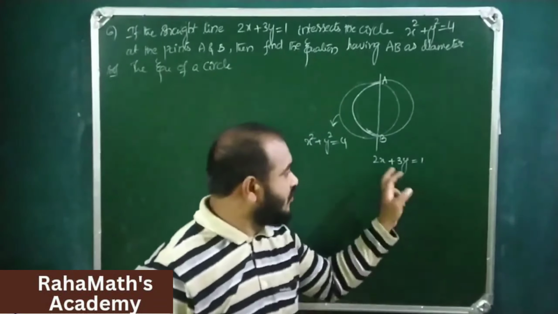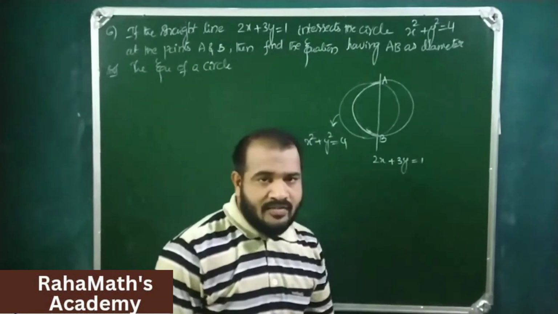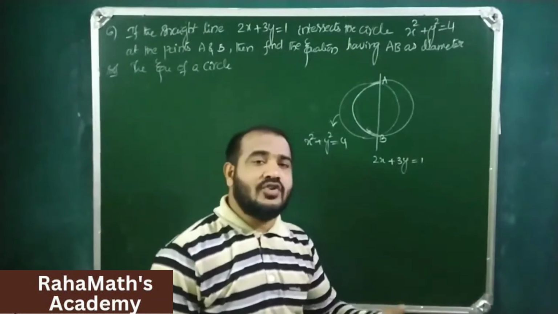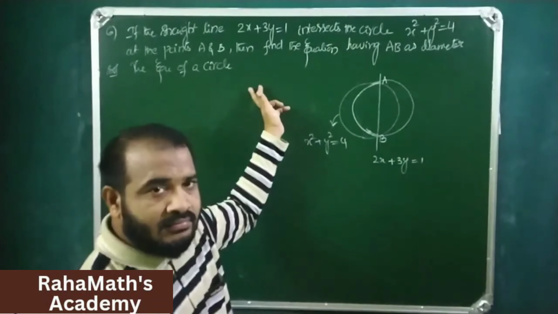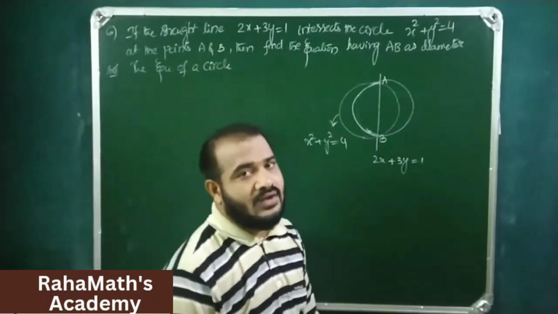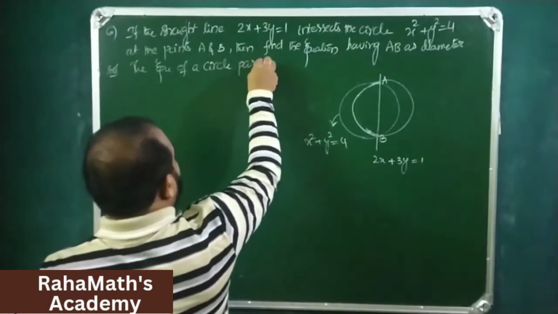So if we substitute the center in this line, we will get the lambda value, and if you substitute that lambda value back in the equation that we are going to get after some time, that is the equation of the circle.